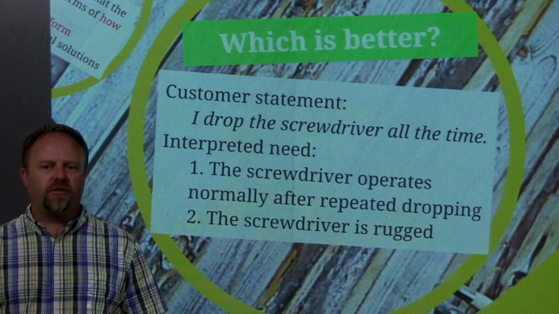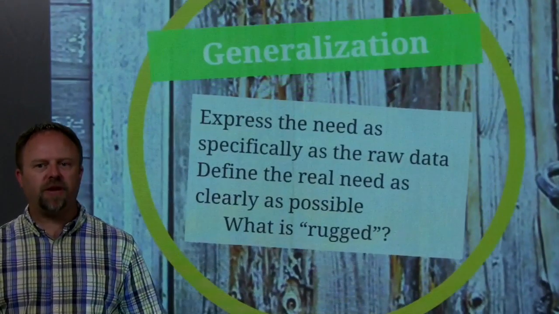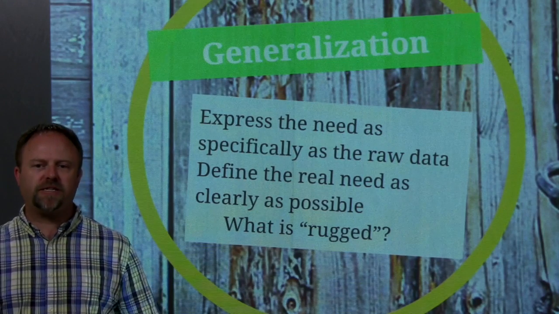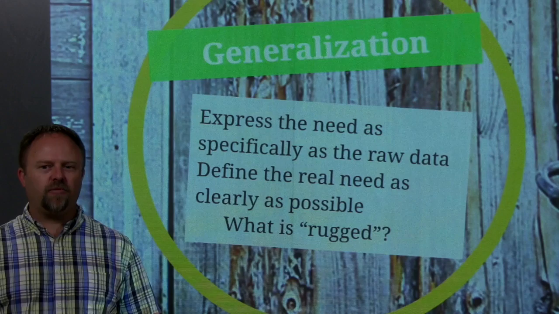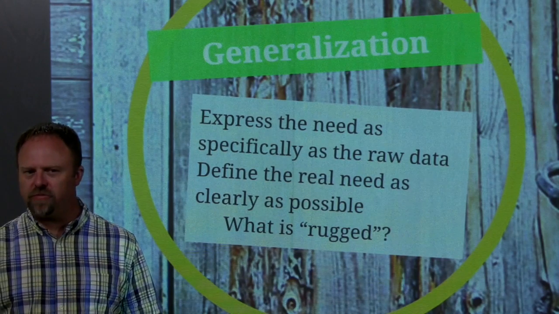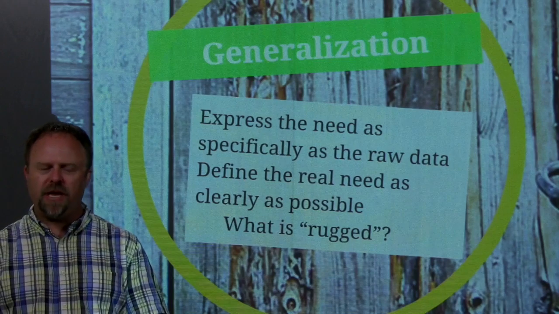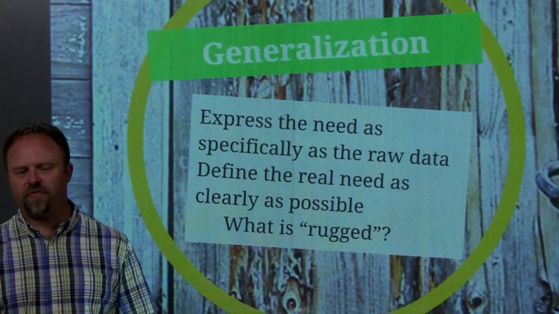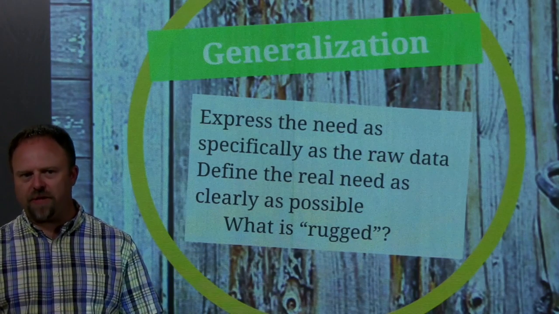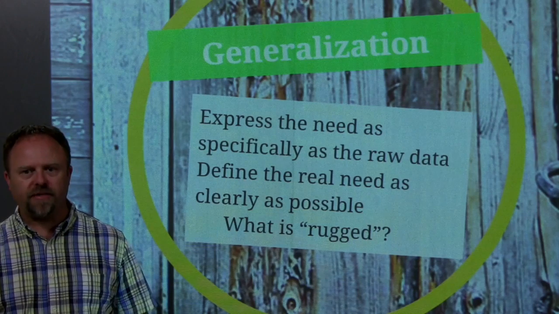Well, those both seem like possible need statements, but what we want to do is express the needs specifically in terms of some raw data, and we don't want to use terms like rugged, which aren't defined very well. We might have a feel for what rugged might be, but one person's definition of rugged might not be the same as someone else's, and a rugged screwdriver may be very different from a rugged truck or something like that.